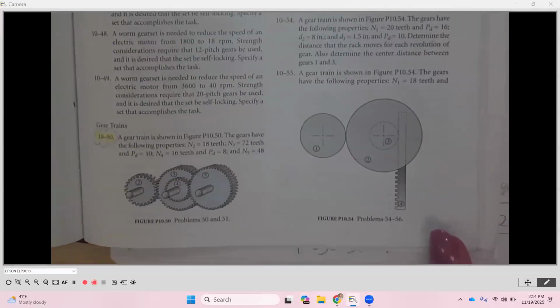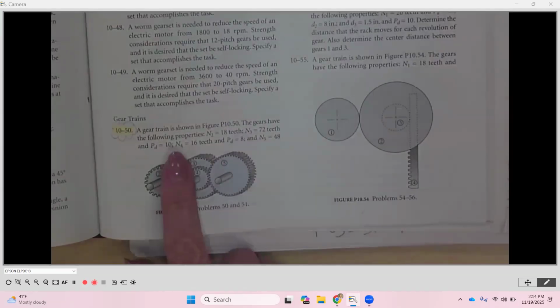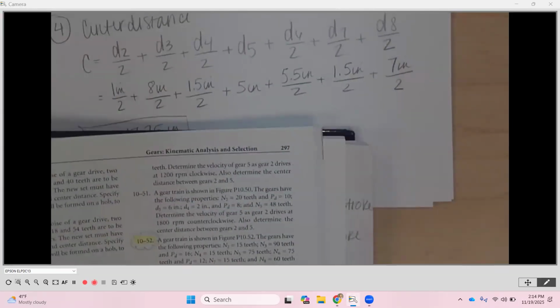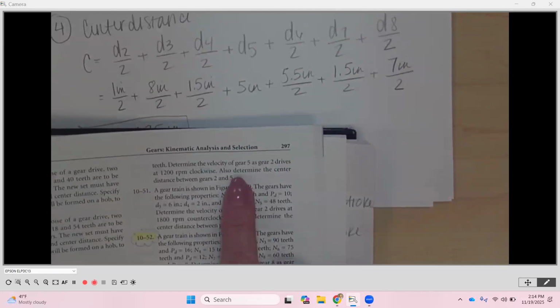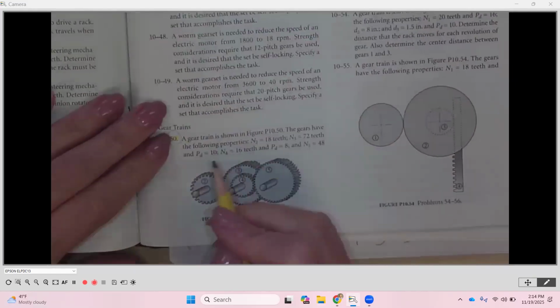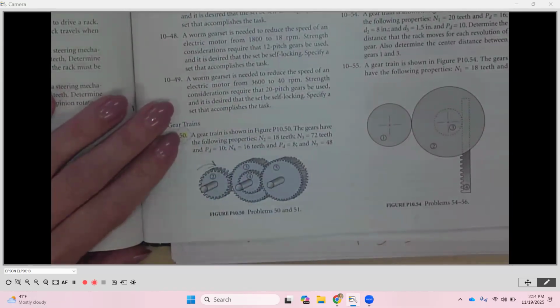Then for number 50, here you're going to use the properties as identified. And then up at the top of the next column, it says that you are going to determine the velocity of gear 5 as gear 2 drives at 1200 RPM clockwise. So gear 5 is here. Gear 2 is here, going this time clockwise at 1200 RPMs.